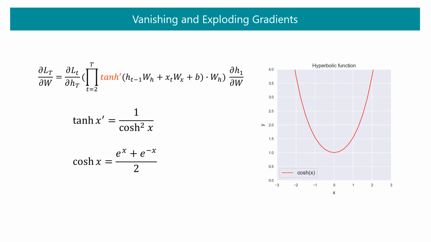It means that the larger the data size is, the smaller the gradient will be. It is a problem of vanishing gradient. Because of the vanishing gradient problem, recurrent neural networks cannot learn from large-sized data. Recurrent neural network is likely to fall into the exploding gradient problem when the weight WH is very large.